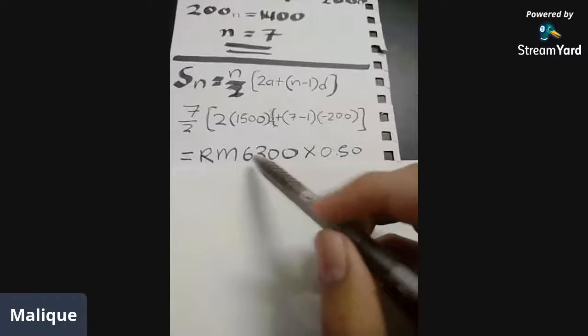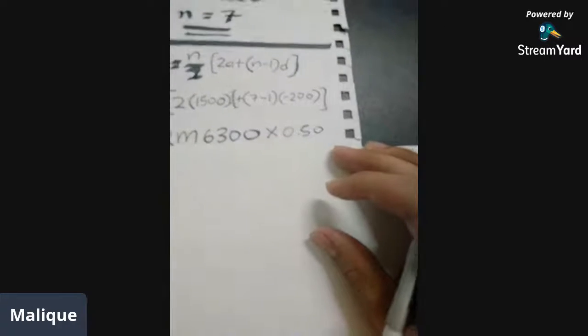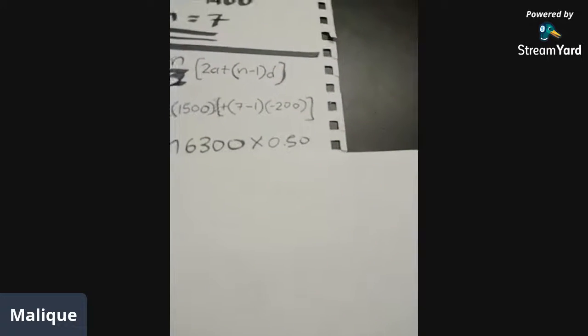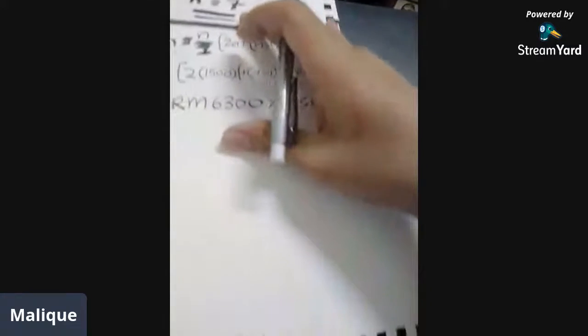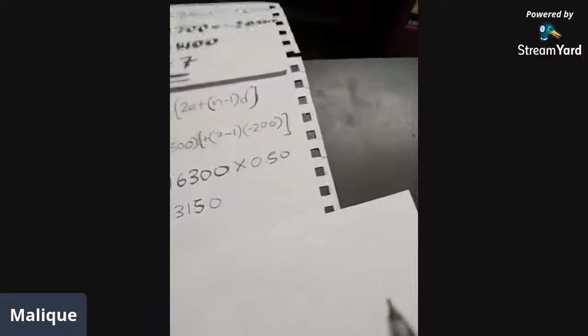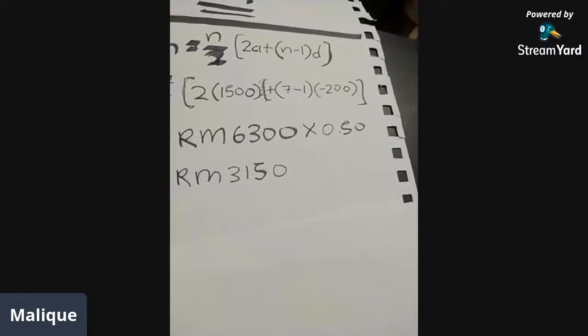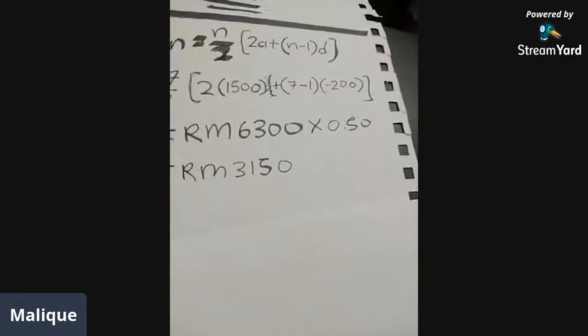So the amount just now, we will have to divide with 0.50 to get our final answer, which is 3,150 ringgit, the total expenses of the food spent for the chickens of Encik Suhaimi.